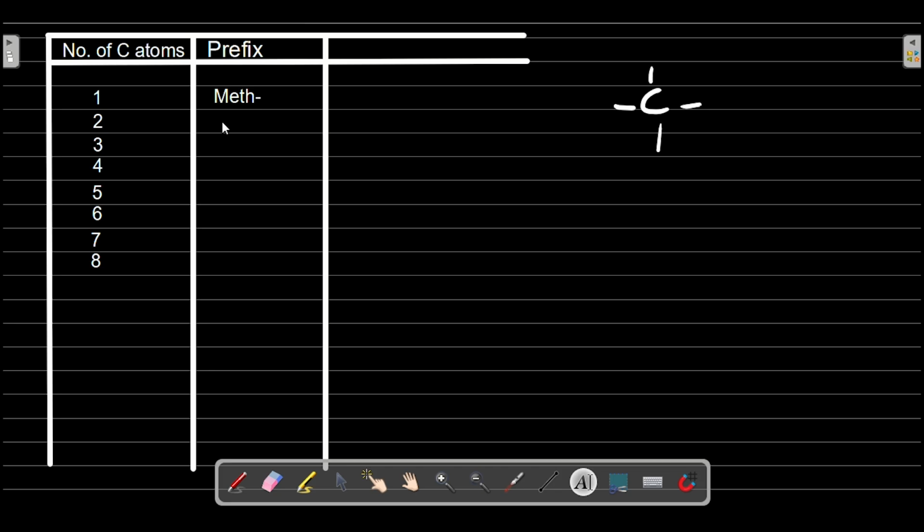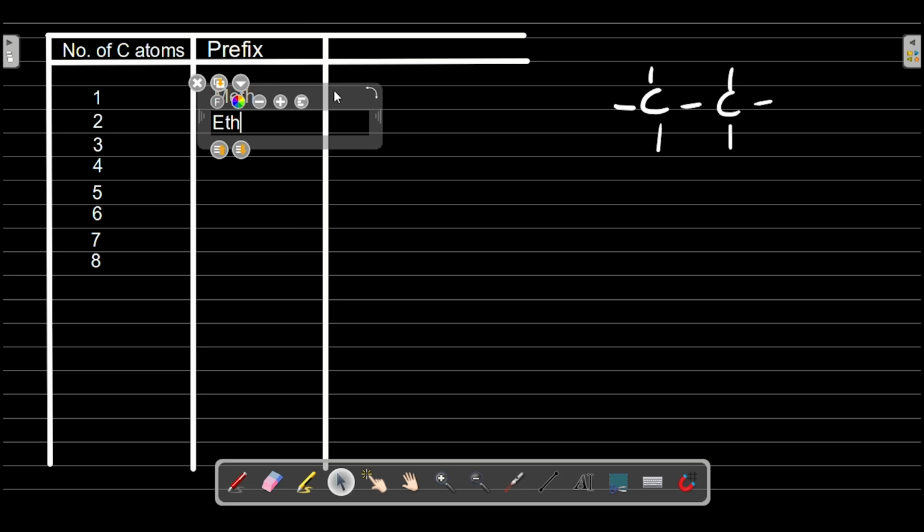Let's say you had 2 carbon atoms, and the prefix for that would be eth. So for the hydrocarbons, you'd have ethane, ethene, and ethyne.